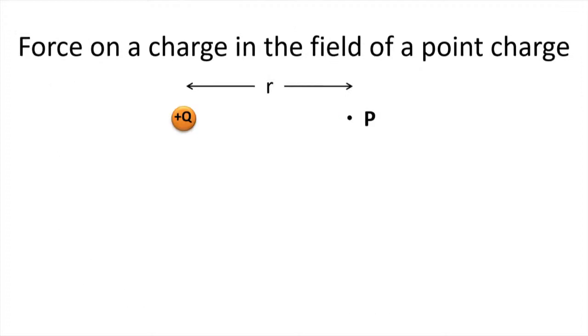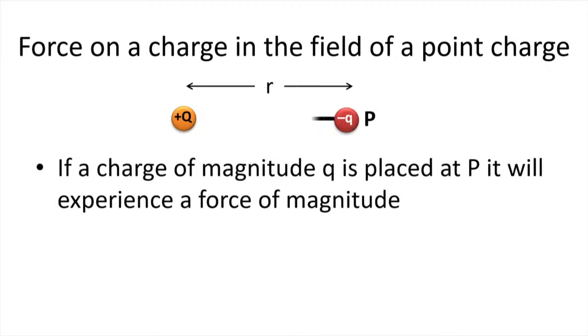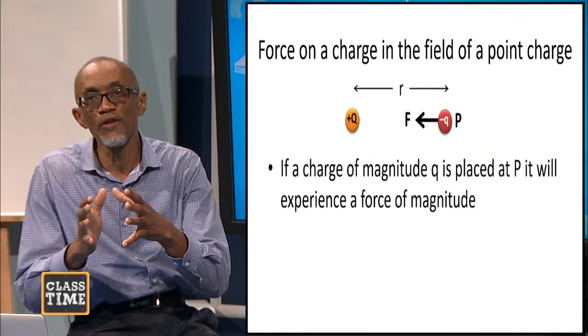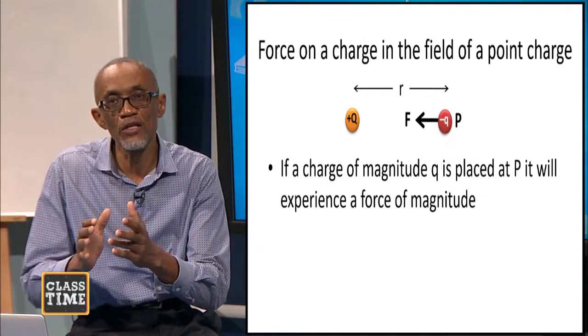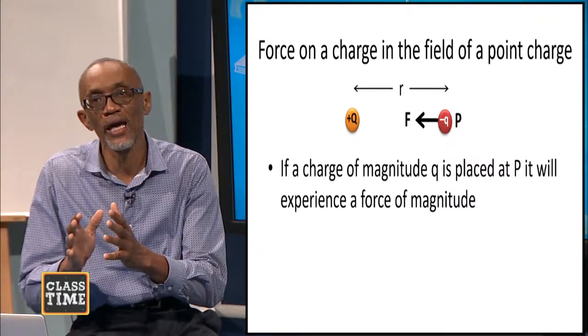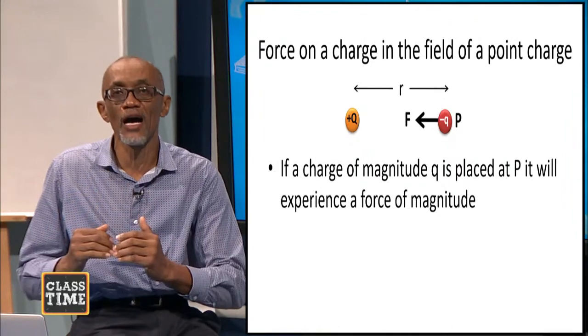So, the force on a charge in the field of a point charge. If we put a charge in the field of a point charge, it will experience a force, right? So if a charge of magnitude q is placed at P, it will experience a force. Remember, force is equal to electric field strength times charge. And our electric field strength is equal to 1 over 4 pi epsilon 0 Q over r squared.